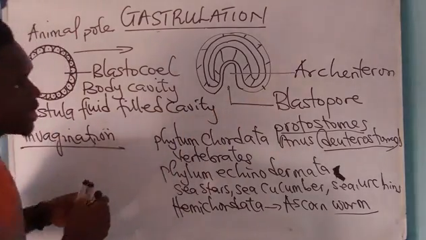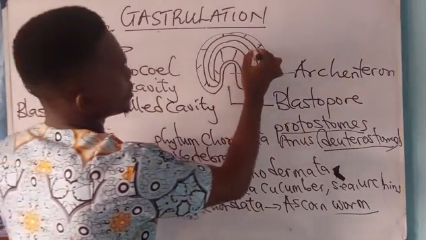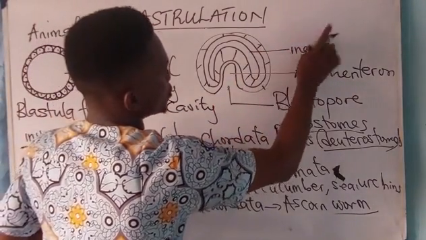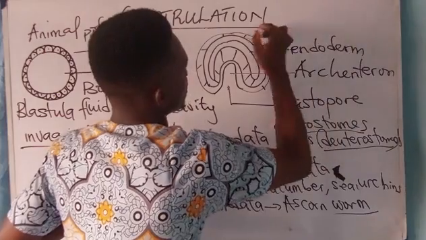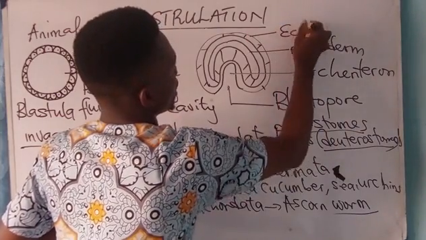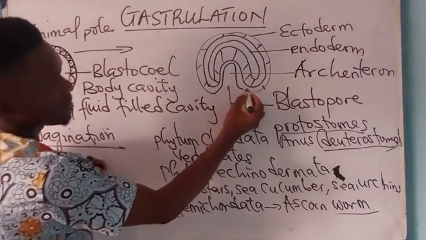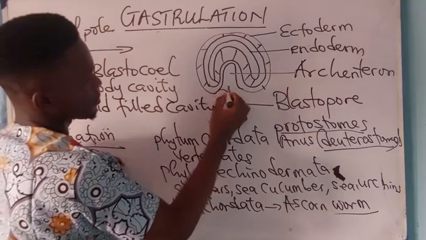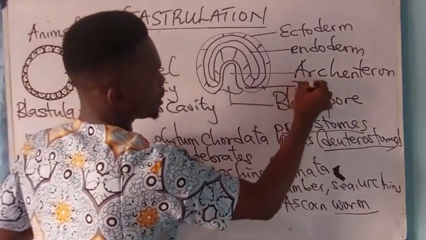Now, as soon as you have this, of course, you now have the endoderm. This is the endoderm, and this is the ectoderm. And this part you have here is called the dorsal lip.